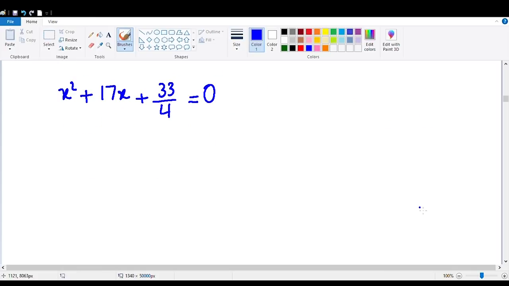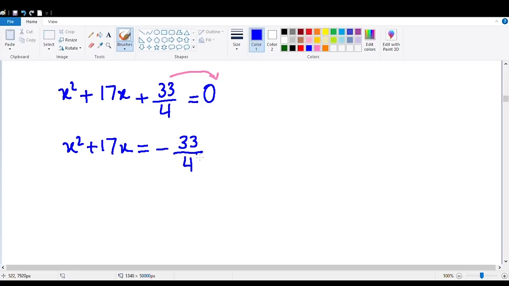So now we're going to take another example of the squaring method. We're going to solve with the squaring method another example of a quadratic equation. So first of all, we have the constant term. We'll take it to the other side. We'll get x squared plus 17x equals minus 33 over 4.